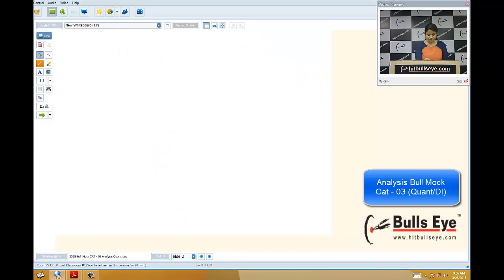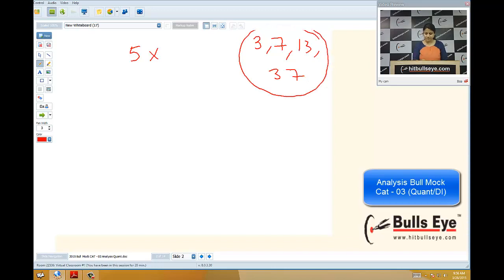Now, with 5, again I'm writing, we cannot use 3, 7, 13 and 37. We cannot use them. So with 5, 5 into 11, 5 into 17 we can write, and 5 into 23 we cannot take, of course, but that is the limit because we need a 2-digit number.